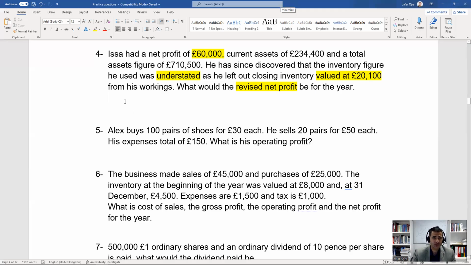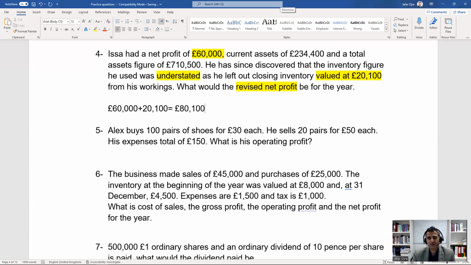So again, 60,000 plus 20,100 makes £80,100. Because we understated closing inventory, we need to add it back on the profit.